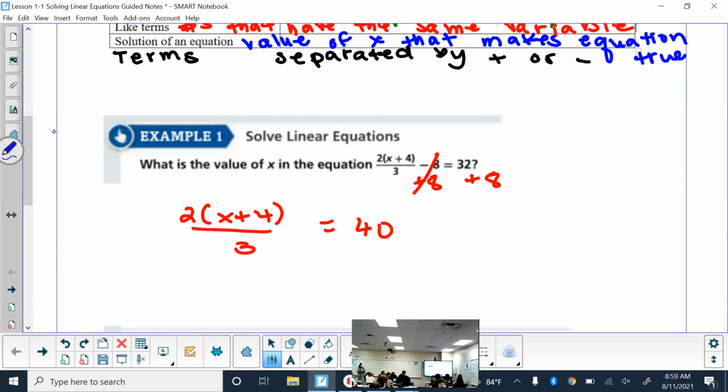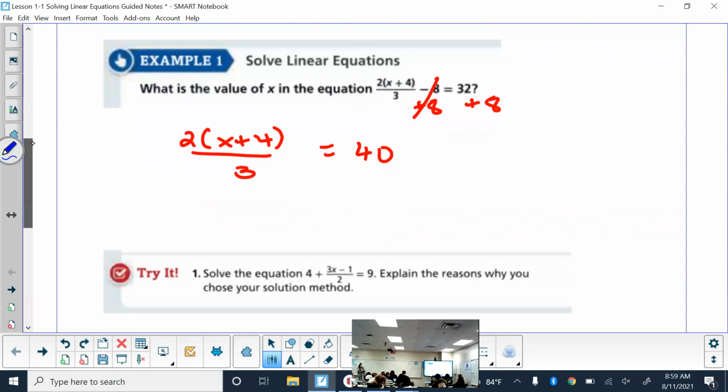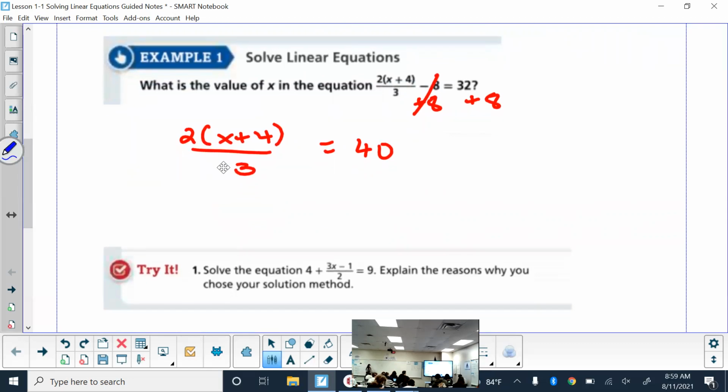Now what is farthest from the x? The 3, right? Because the 2 is in the same line, the 3 is farther away. So what's opposite of dividing by 3? Good. So do that on the left side to make the 3's cancel.